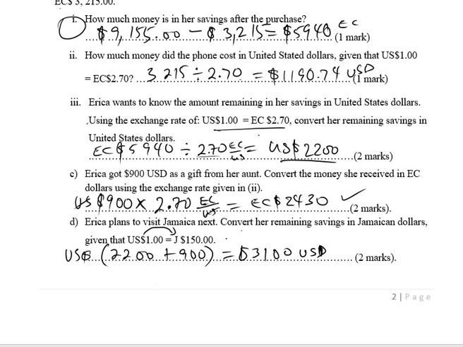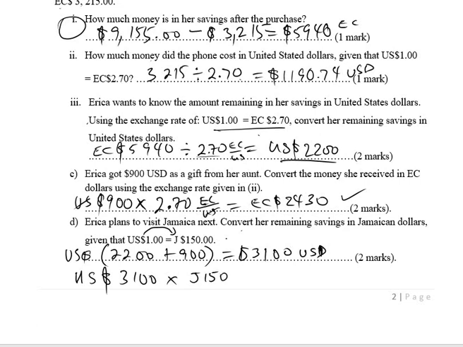So basically you're multiplying. So we're going from a strong currency to a very weak currency, apparently. So we're going to take that US amount of 3,100 and multiply it by the Jamaican $150.